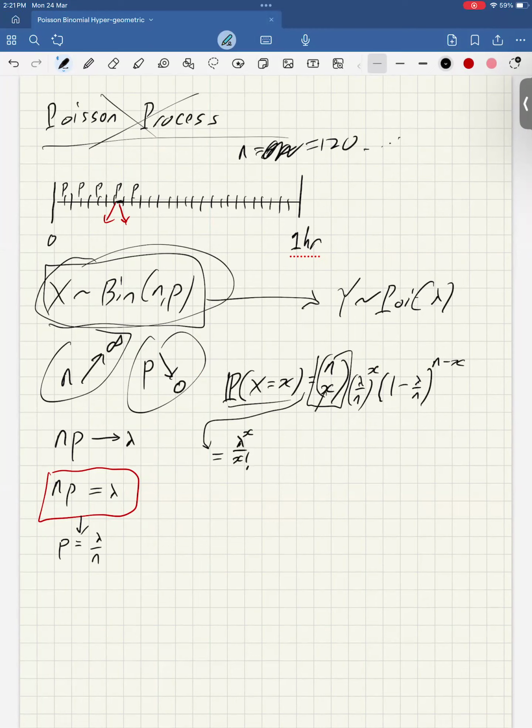And then from this bit, what I have is a remainder of n factorial over n minus x factorial. And I still have a bit more left here.